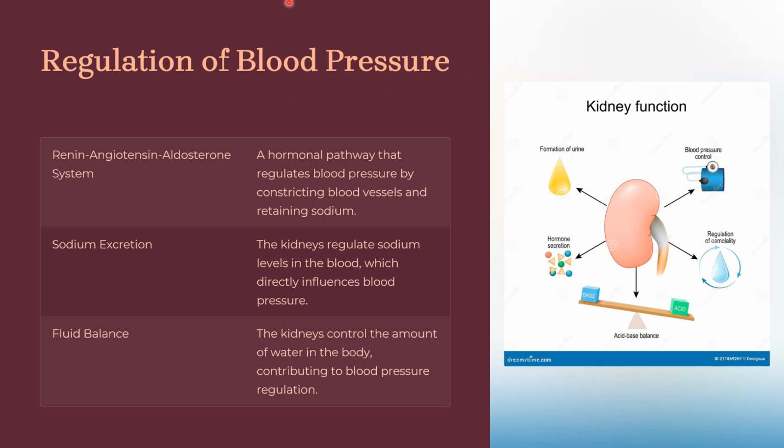Now regulation of blood pressure, very important. So first we'll see a system, the renin angiotensin aldosterone system. It's a hormonal pathway which regulates the blood pressure by constricting blood vessels and retaining sodium.